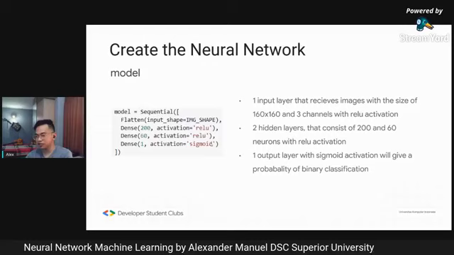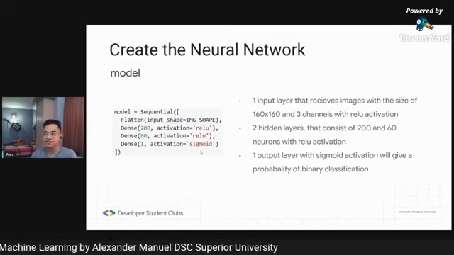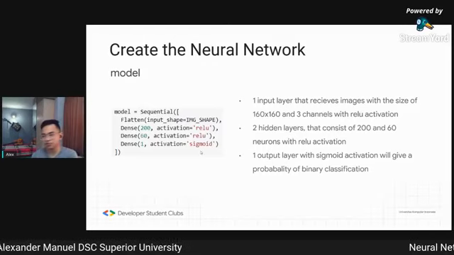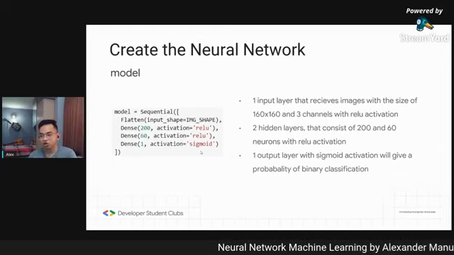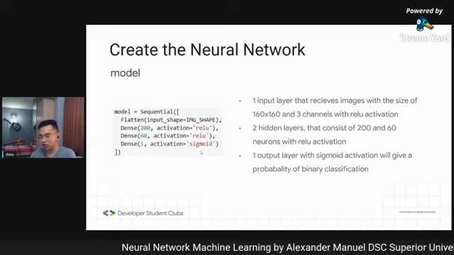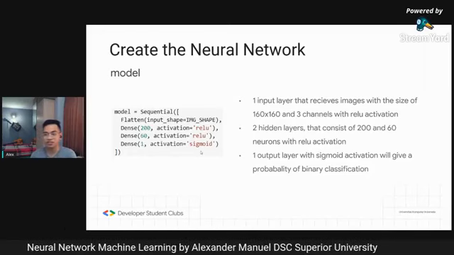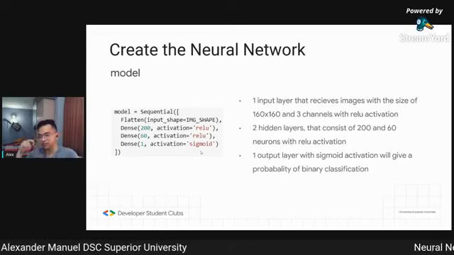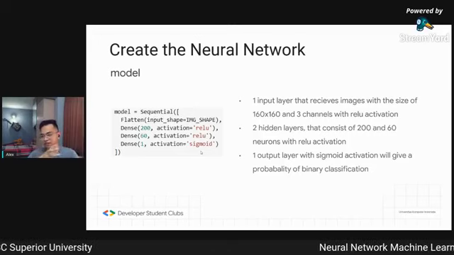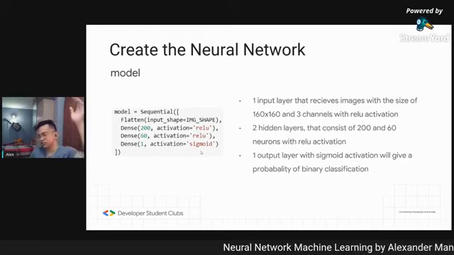And then after that, we put a dense layer. Dense is a series of neurons. In this case, there will be 200 neurons with the activation value for the first layer as 200. You've seen like 5 neurons; right now you're using 200 neurons.